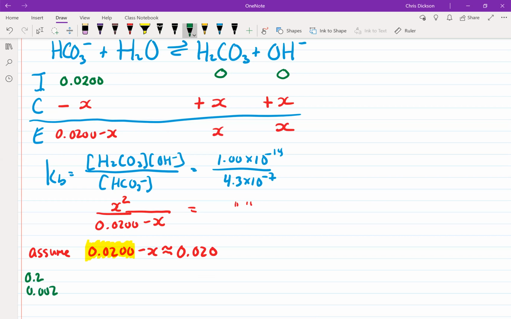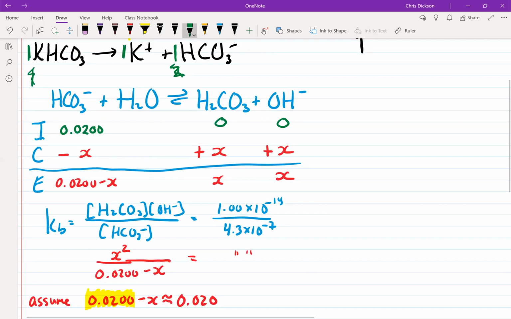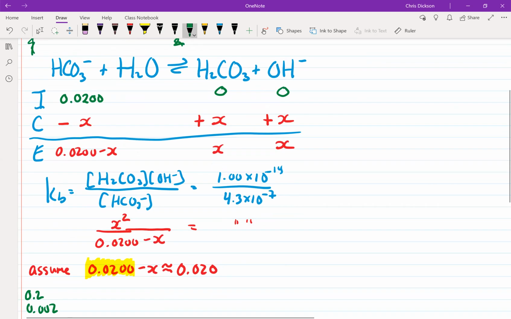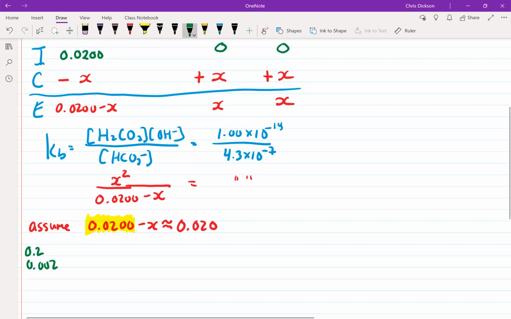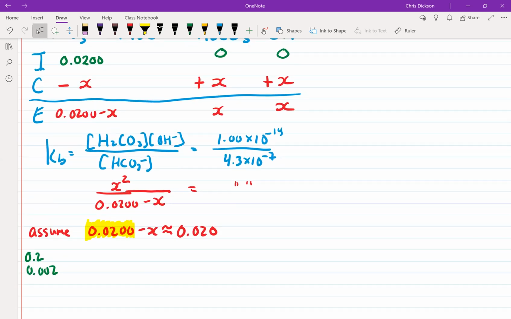So just double check that you use the correct initial amount. So I'm just going to go back and make sure I did that. So yeah, 0.02, okay? Because if you're out by a factor of 10, that does change the pH quite a bit. Okay, so let's say X squared all over 0.0200, and that equals that number over there.